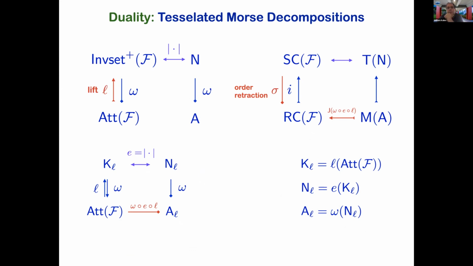And so that's what I'm trying to indicate in this picture, is that if we somehow are able to have a homomorphism between the attractors of the combinatorial system into the forward invariant sets, it's this thing lift on the left, L, that's dually equivalent to having a retraction of the strong components onto the recurrent components, right?